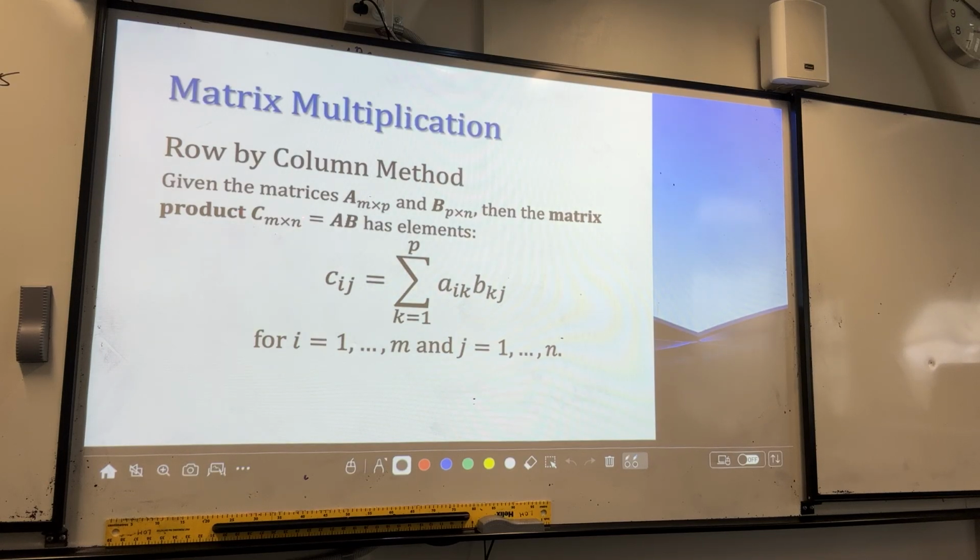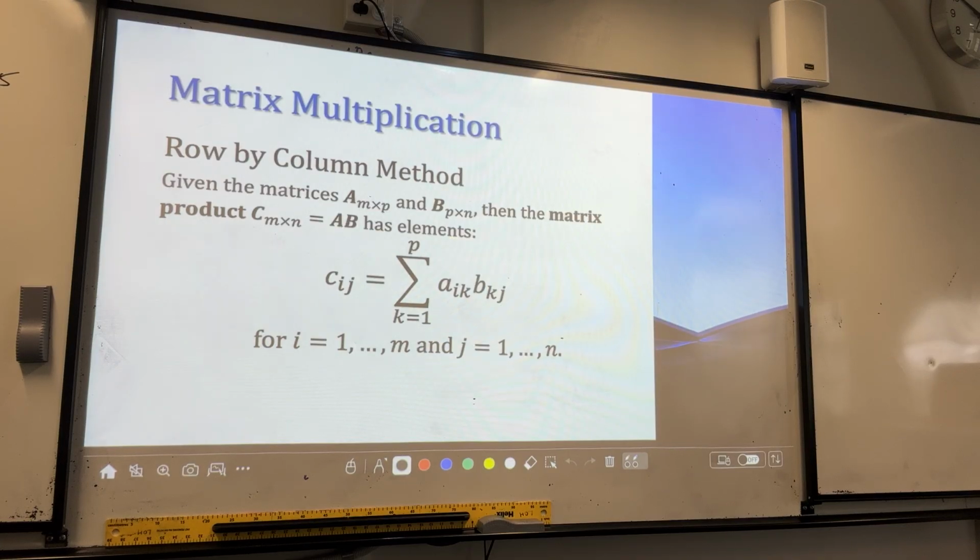Given that the matrix A is m times p and B is p times n, so the dimension of A is m rows and p columns, and the dimension of B is p rows and n columns, then the matrix product C, the product AB, where C is a matrix with a dimension of m times n, has an element of this.